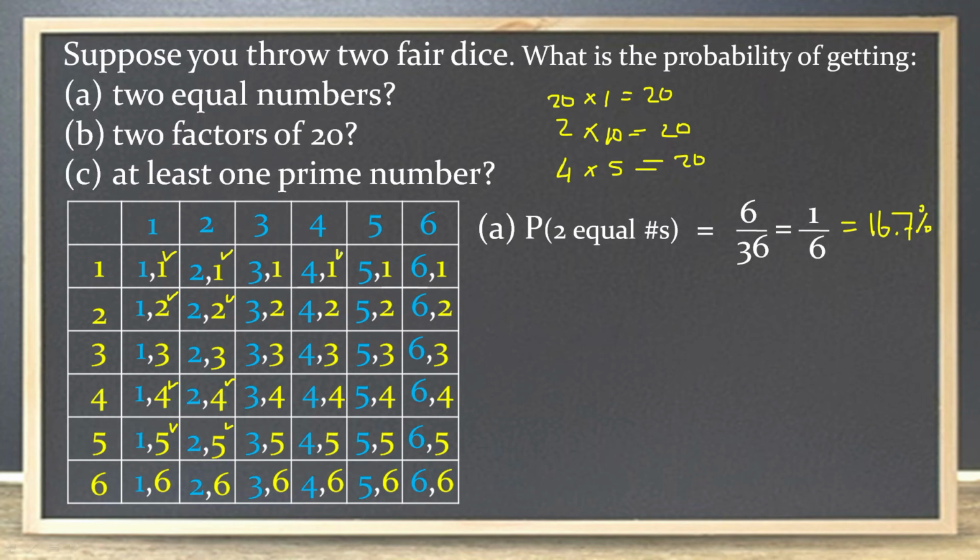Then 4: 4 and 1, 4 and 2, 4 and 3, 4 and 4, 4 and 5. Okay, 5 and 1, 5 and 2, 5 and 4, 5 and 5, yes, okay. So those are the only possible ways.